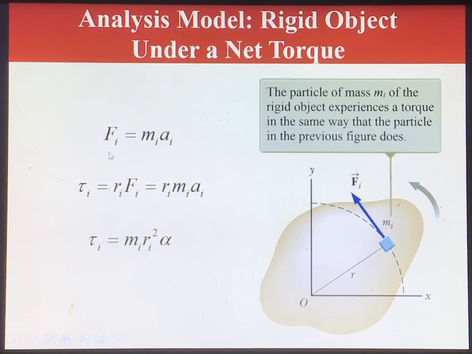The force on particle number i is equal to m_i times a_i. Then the torque on particle number i is equal to r_i times F_i, which is r_i times m_i a_i. If you substitute the relationship between the tangential acceleration and the angular acceleration, we can write the torque as given by this equation.